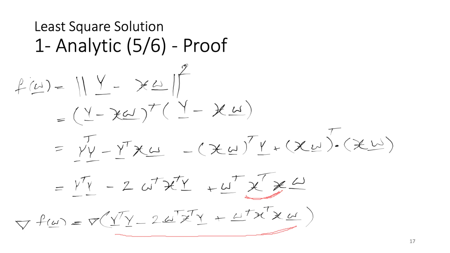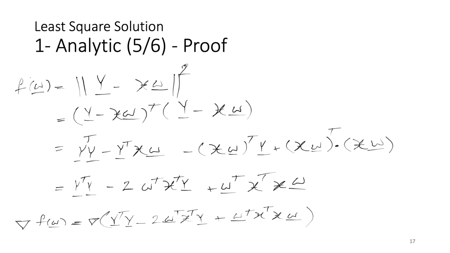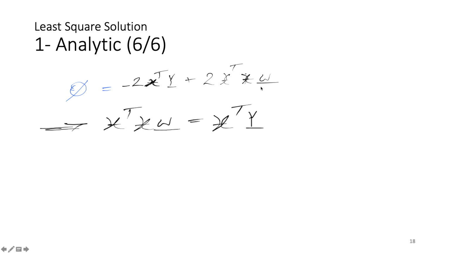Okay, let's carry on. In order to find that, we were interested in setting them equal to the fat 0 matrix. So all of those terms should be 0. And as I mentioned here, this would be an identity matrix. So it's going to be 1 or I. So what you're left with is minus 2 X transpose y plus 2 X transpose X w, and then you bring the first term to the other side.